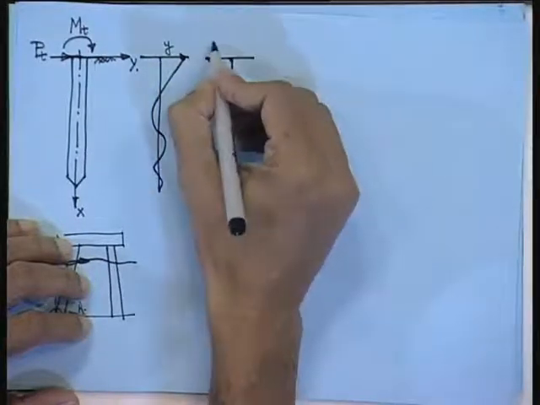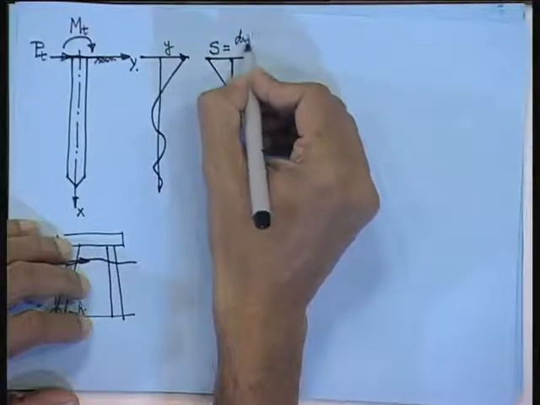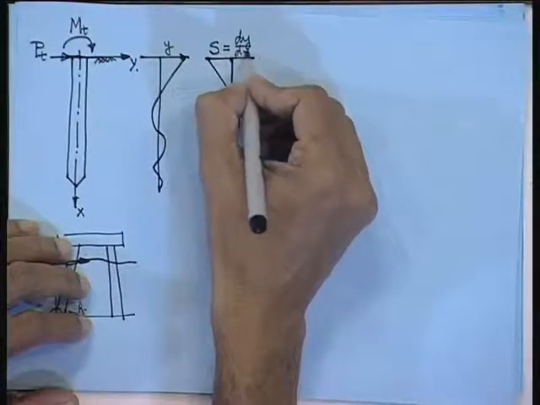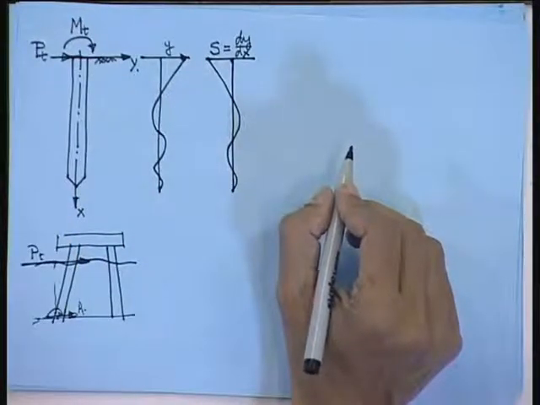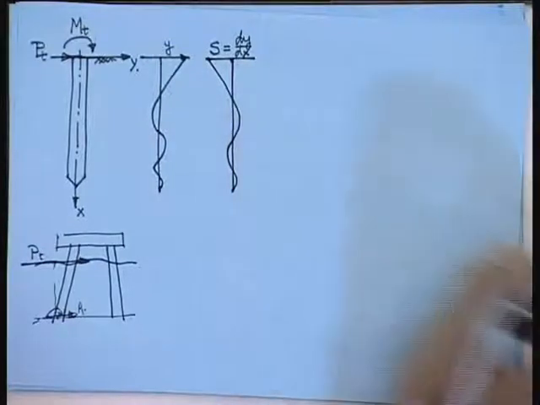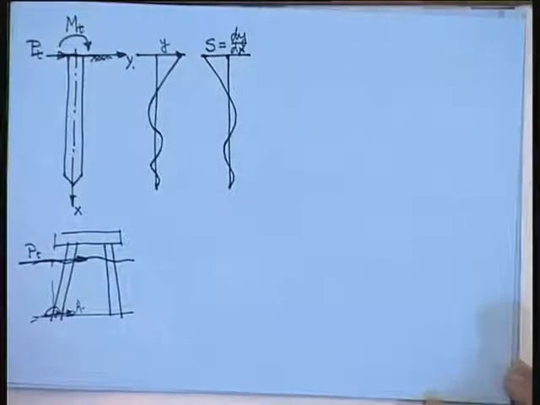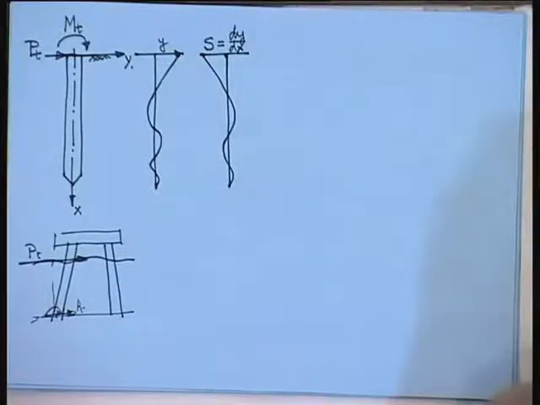So this is your S equals dy/dx. So this will not be vertical. Is it a vertical pile? Slanted we are not considering right now. Slanted means you have to take the projection and do this. Those are called battered piles.